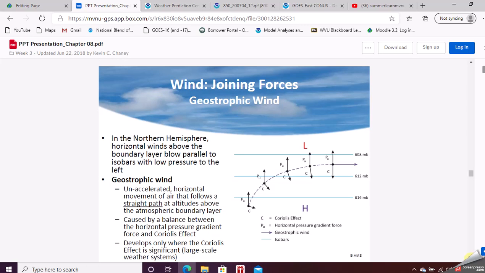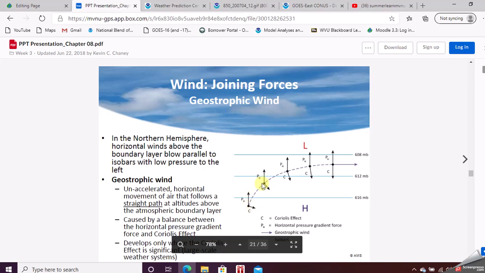Geostrophic winds. Geostrophic winds are basically going to be straight. They don't have a lot of curve. So if you look at this, start at the air pressure. Remember, the pressure gradient always acts perpendicular, and Coriolis always acts to the right. You see it right here at the beginning.